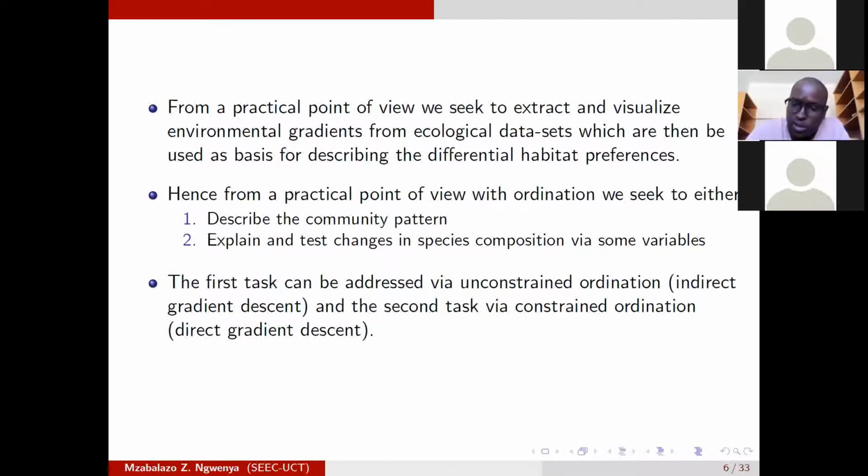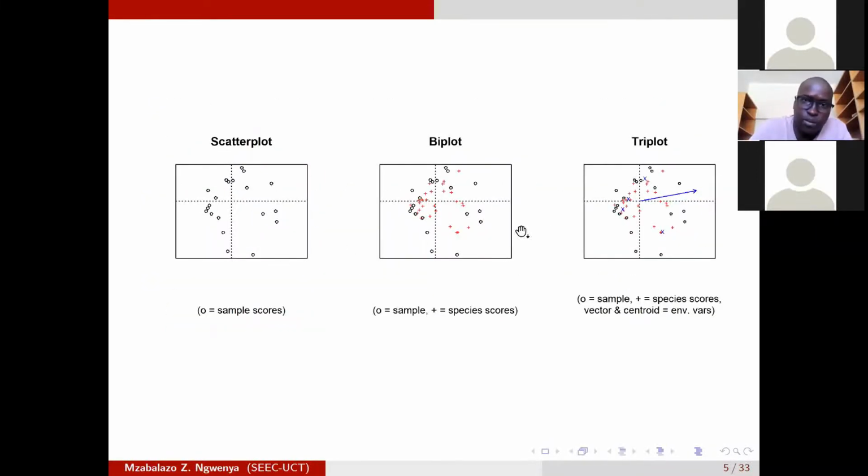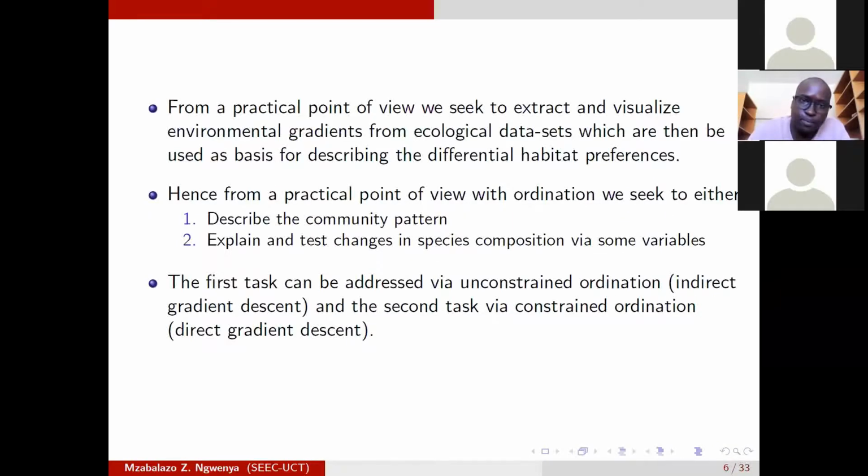From such plots, you can get that information in terms of which sites are similar and which species are associated with which particular sites. So with ordination, we seek to either describe the community pattern, or explain and test changes in species composition via some variables, usually environmental variables.